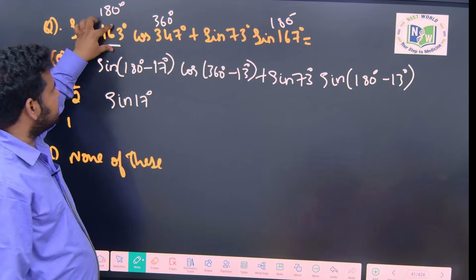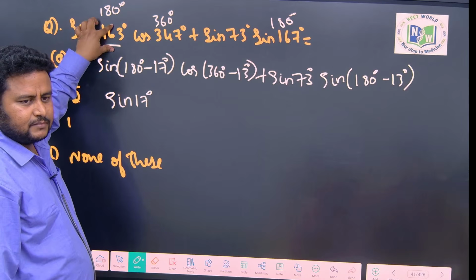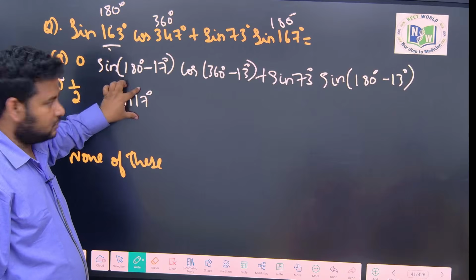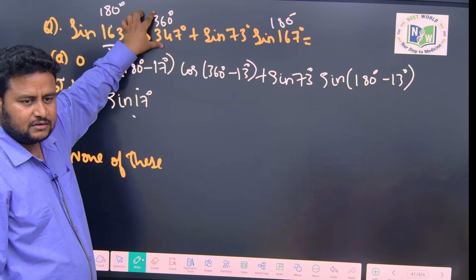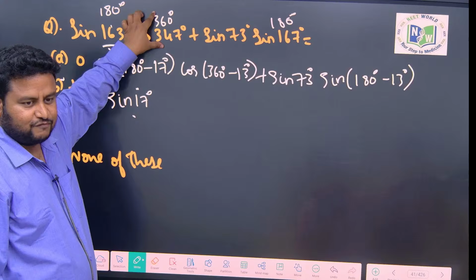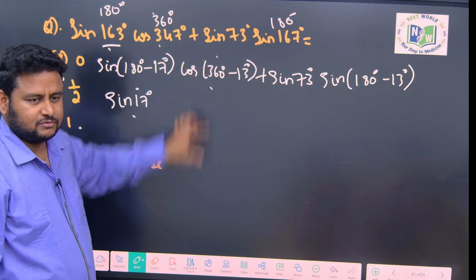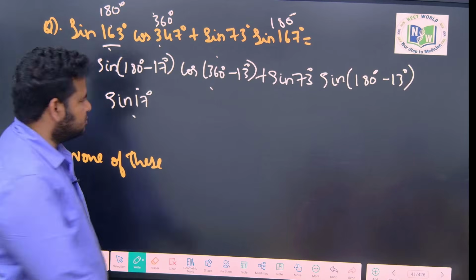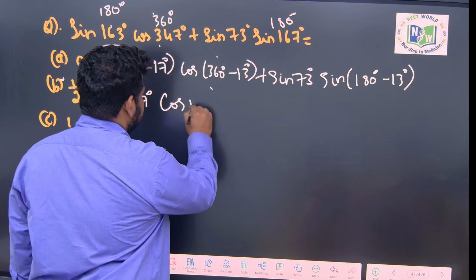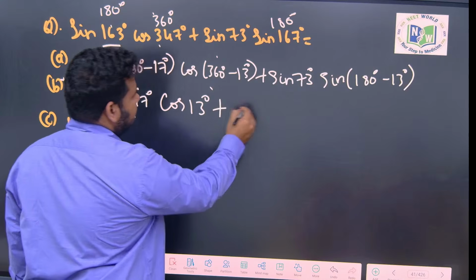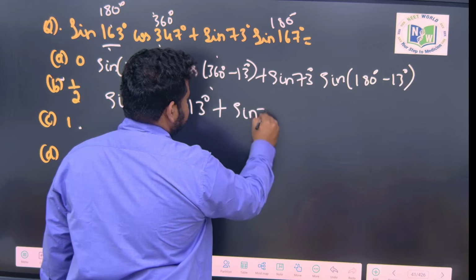But look at the angle. 347 is in which quadrant? Third or fourth? Fourth quadrant, and in the fourth quadrant cos is positive, no? So this will be cos 13 degree. Sin 73, keep it as it is.